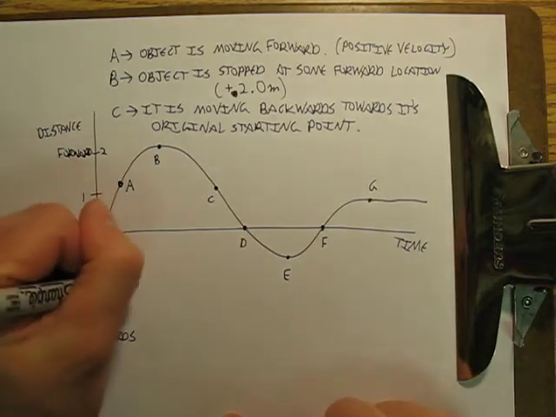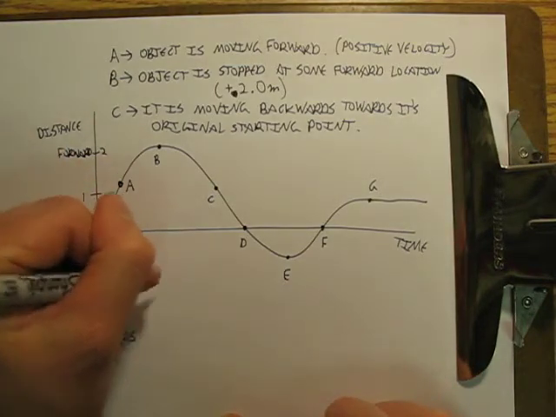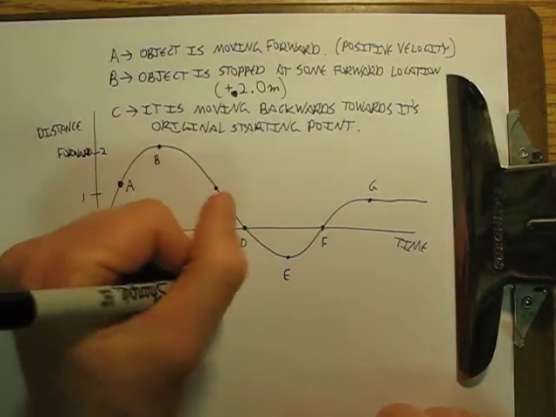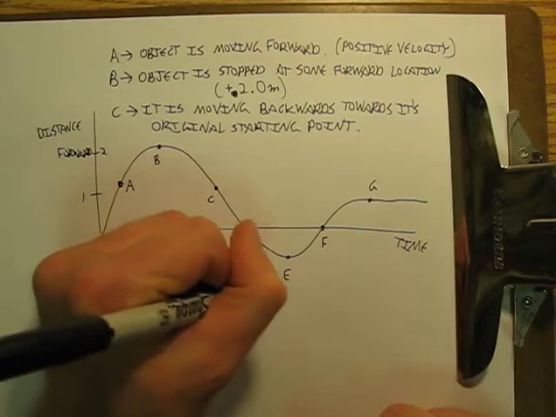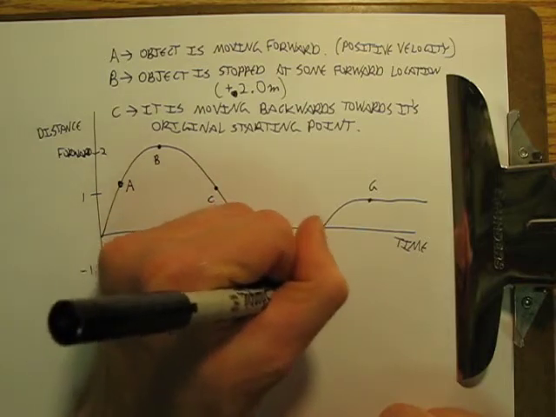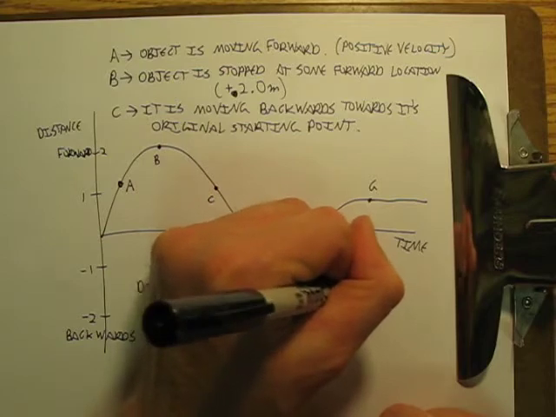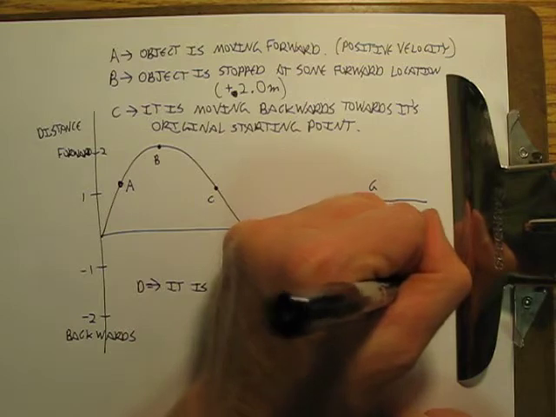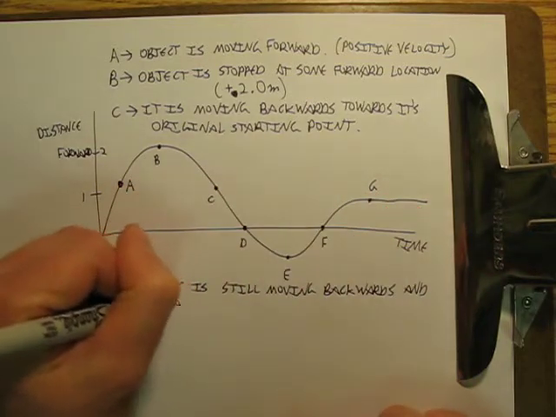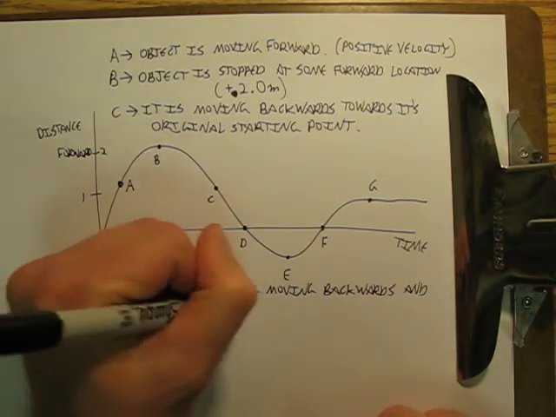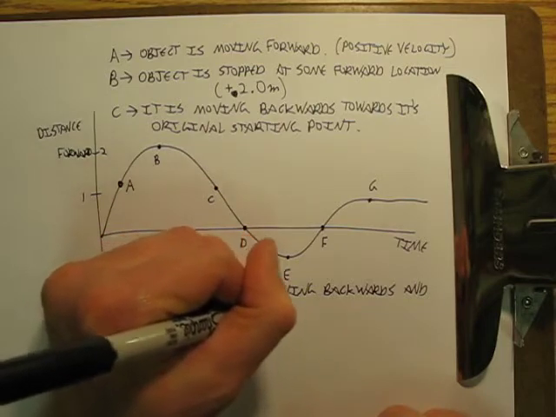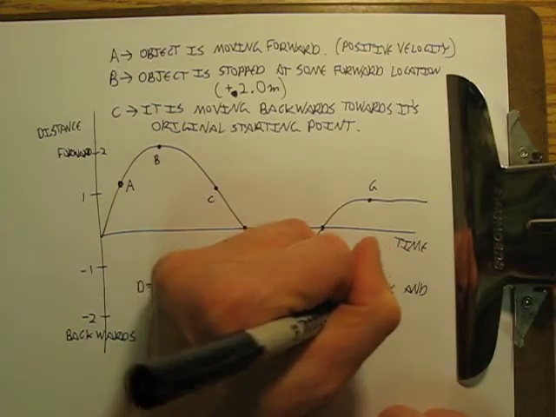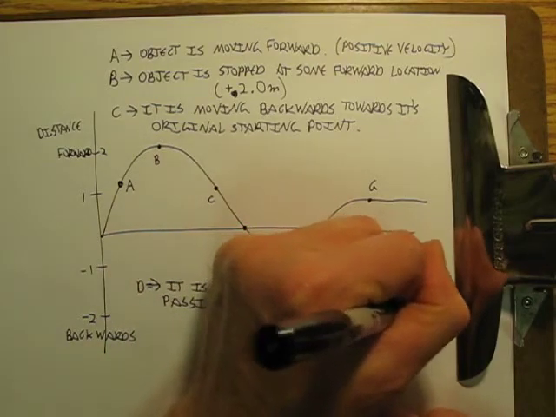Now at D, it is still moving backwards, and passing through its original starting point.